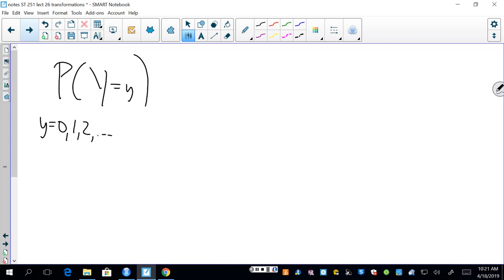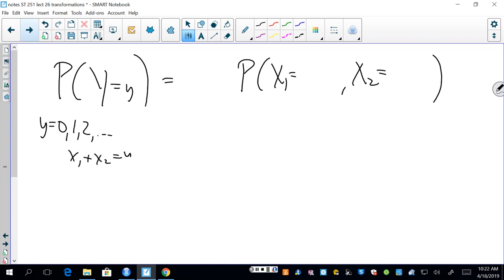And so if you have these two things that are independent Poissons, you could look at the probability that x1 equals something and x2 equals something, when these are two random variables such that the sum of the two equals y.